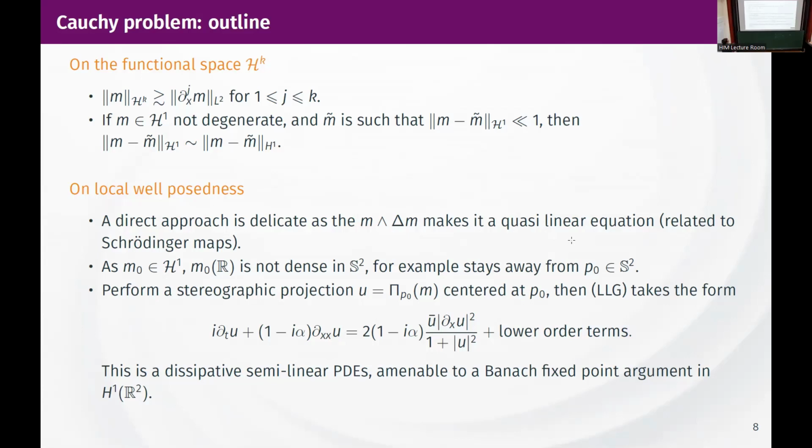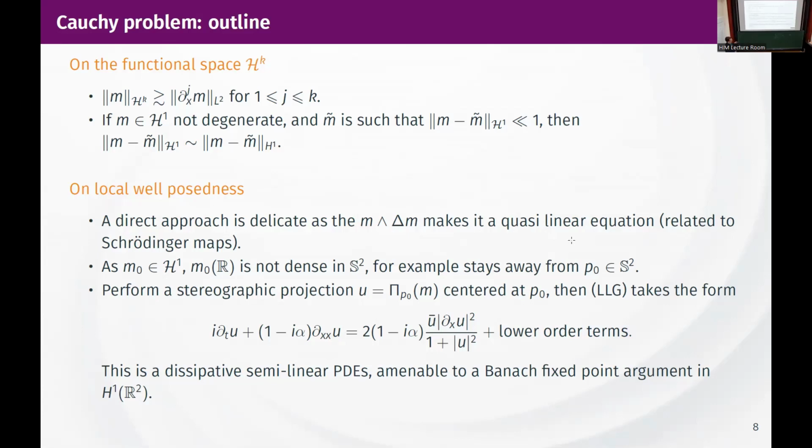However, there is a way to use the geometry of the equation and make it much better. And there is also a way to use the dissipation, which gives you parabolic effects. So the idea is to do a stereographic projection around a point that M0 does not touch. And such points do exist because you're on the line, and you have limits at infinity.